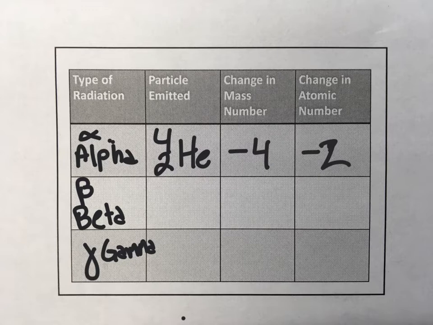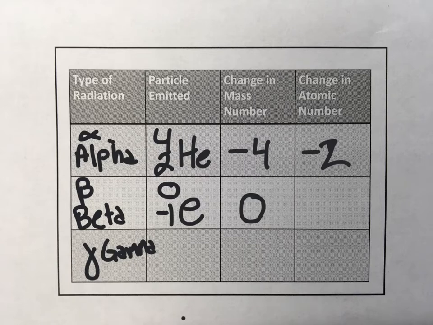In beta decay, which is slightly more complicated, a neutron, which very simplistically you can consider to be the bonding together of one electron and one proton to make one neutral particle in the atom. If this neutron were to decay and eject its electron, what would be left would be a positive proton. So we often write the symbol for beta decay as a negative electron, meaning that the change in mass is 0.